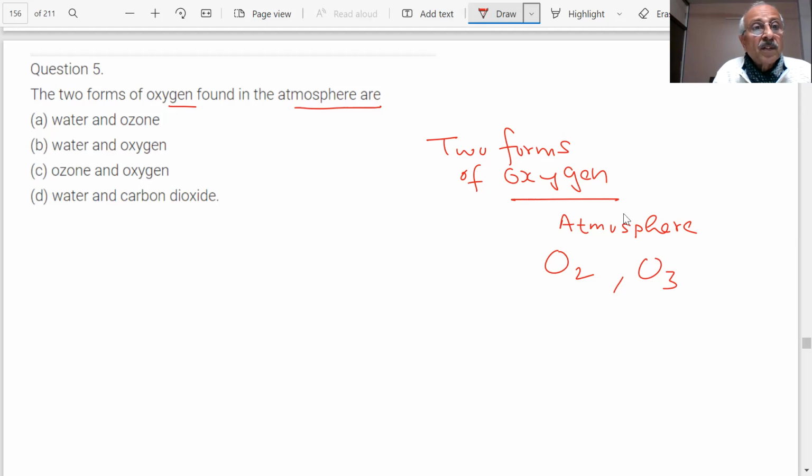Sir, option C. Ozone and oxygen. Oxygen and oxygen, water and ozone? No. Water, what is water? It is a compound. Water and oxygen? Again, water is a compound of oxygen. Water and carbon dioxide, they are compounds.